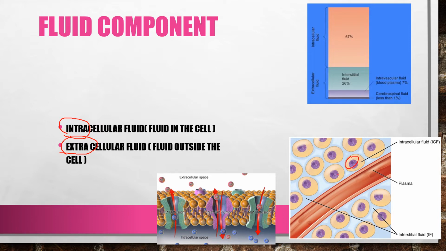This is a cell, this one is a cell, this is a nucleus, and this is the cell membrane. The fluid present inside the cell is intracellular fluid, and the fluid present outside of the cell is extracellular fluid. Is that clear?